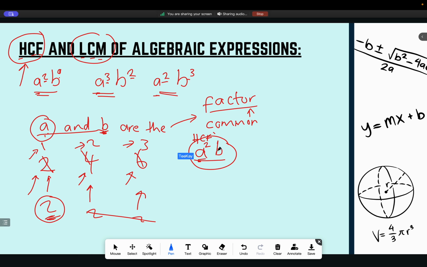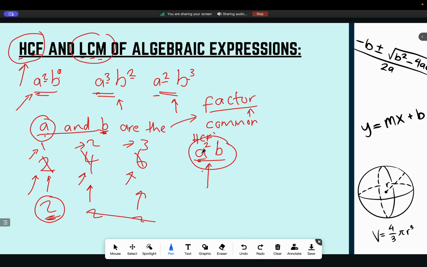In this case, if we take this expression and divide it into each of the others, we can get an answer every time. But if we put a 2 here and try to divide, it won't work, because the b here has a higher power than the b there.